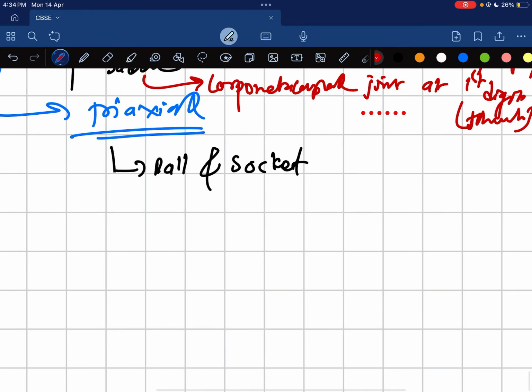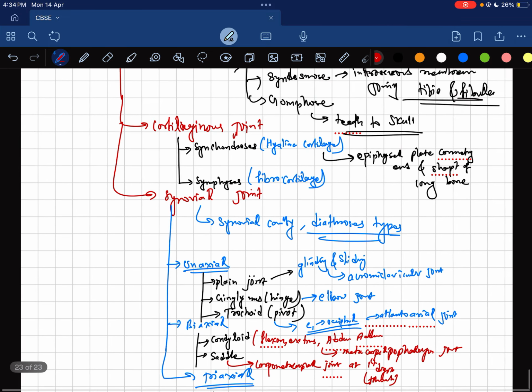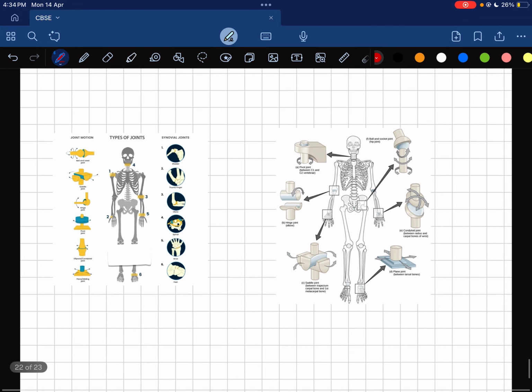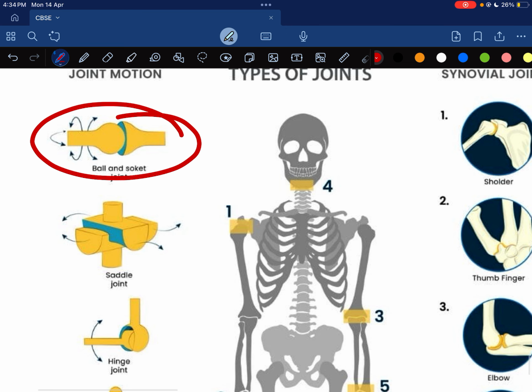In the triaxial ball and socket joint, there is multi-axis movement, like the hip joint. These are the classifications. This is the ball and socket joint.